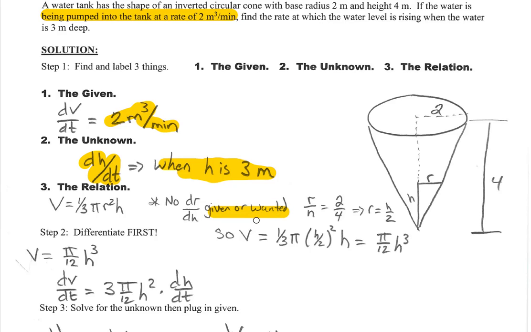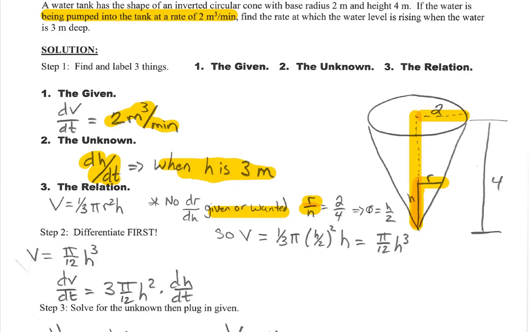In this particular case, there is the similarity between this triangle with the height and the radius and this whole triangle's height and its radius. So I can set up the similar triangle: r over h is equal to 2 divided by 4.